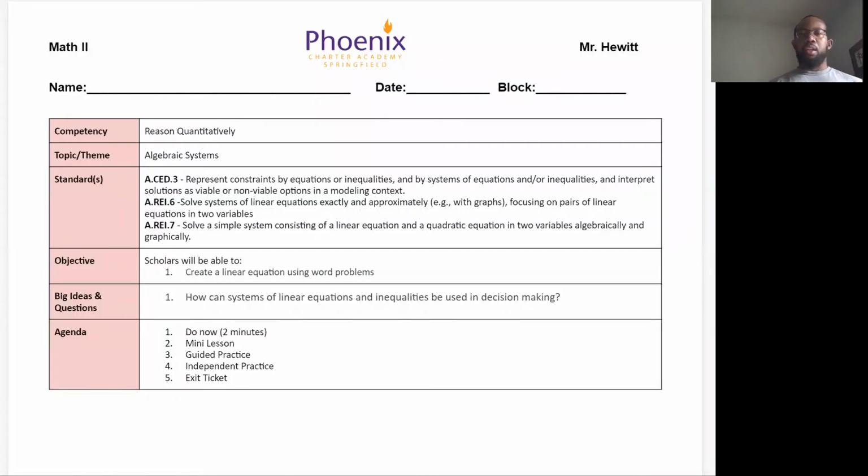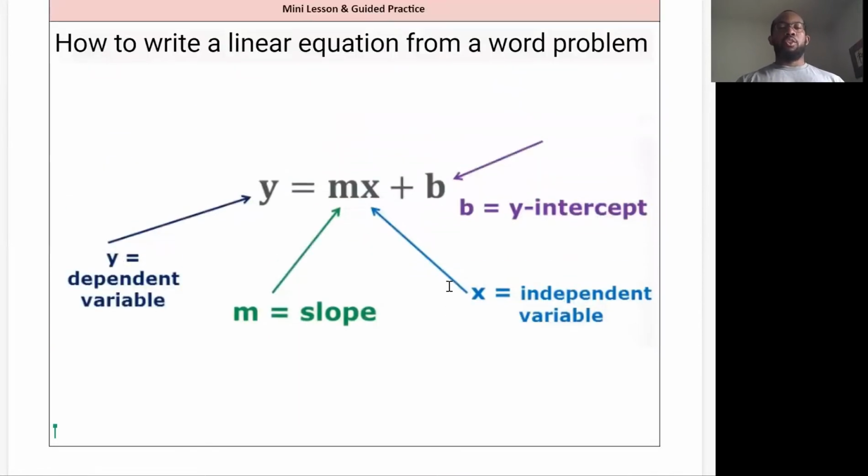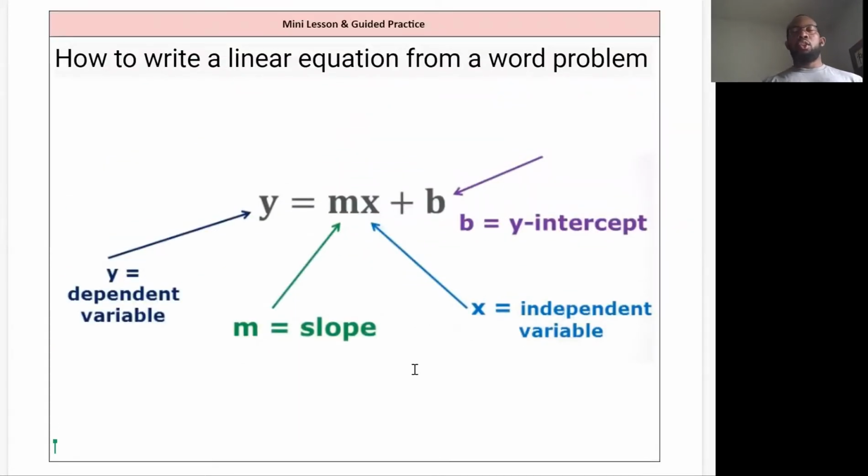So the student-facing document for today is where you're going to learn how to create linear equations using word problems. Remember that the slope-intercept form of an equation is y equals mx plus b. This equation has 4 letters, which we call variables.